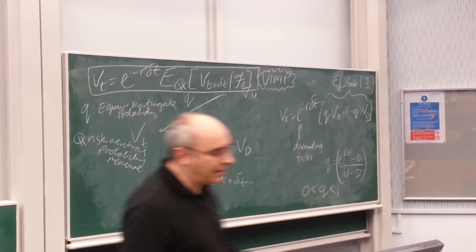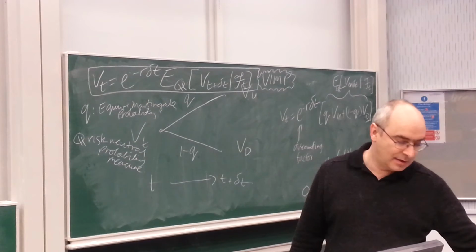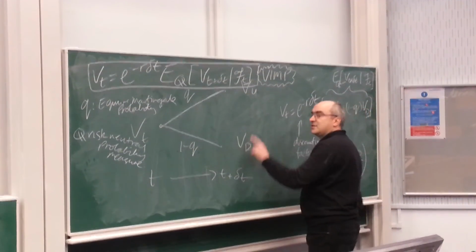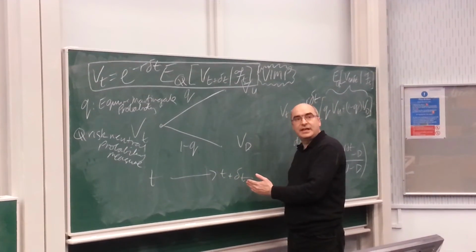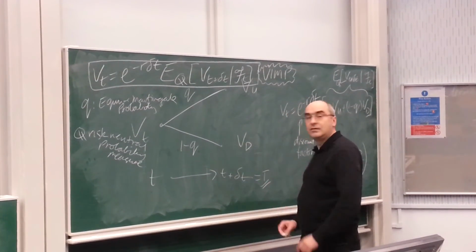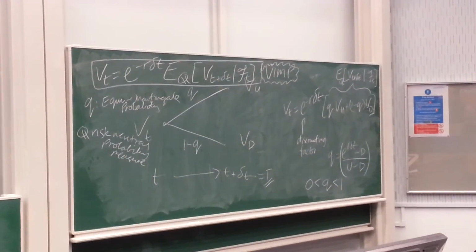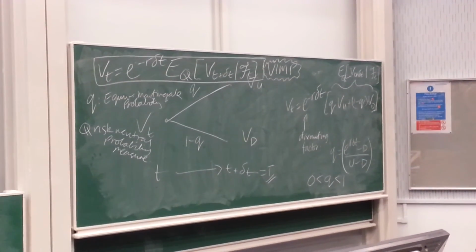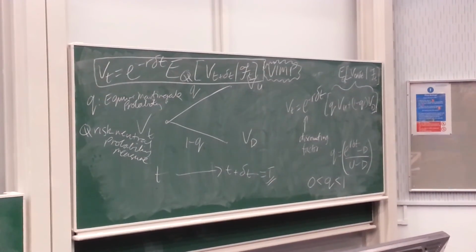Okay, so what's the point of that? Well, the key step is, I'll jump ahead to the end. Let's suppose that this was the expiry time, that t plus delta t was equal to capital T. Now, if you're valuing a European option, the only thing you know about that European option is the final value of that option.